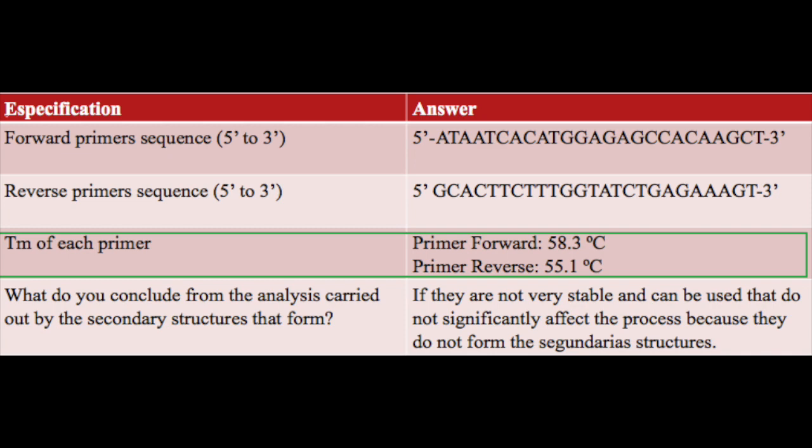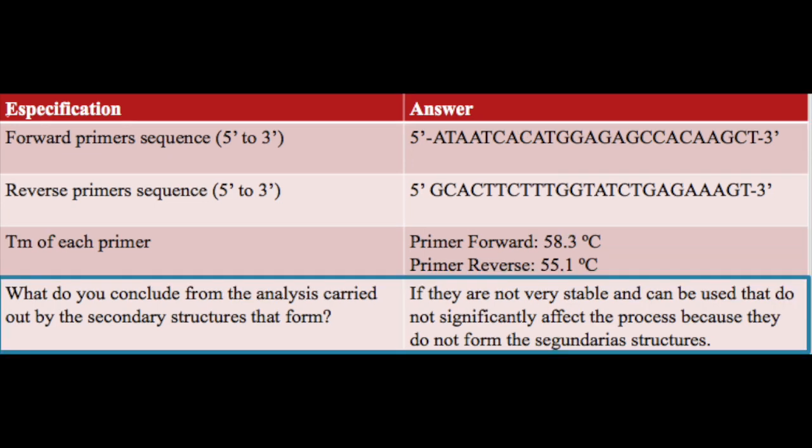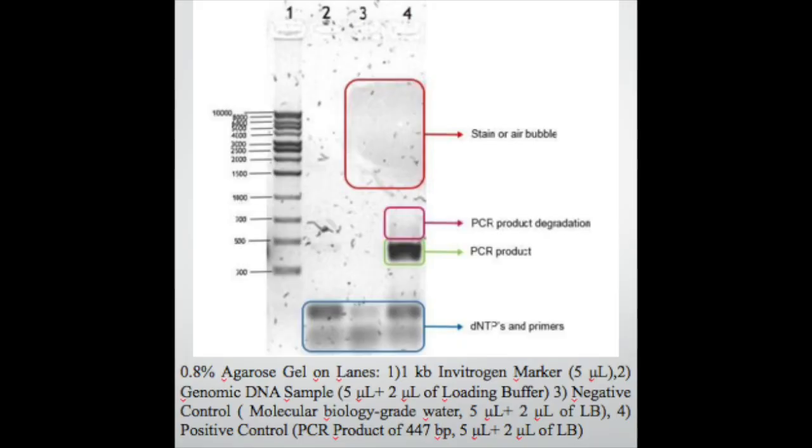Fourth, we have 58.3 degrees Celsius, and for the primer reverse, we have 55.1 degrees Celsius. We conclude that they are not very stable and can be used, that they don't significantly affect the process because they do not form secondary structures. In lane 4, we have a PCR product degradation that is in color pink.